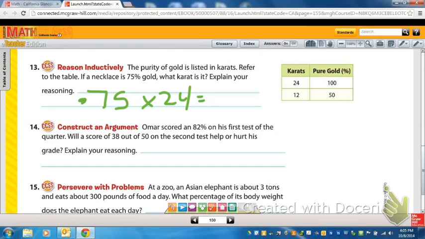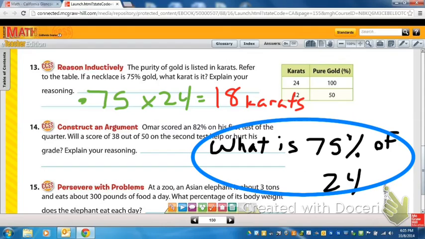And you're going to come up with 18, which would be 18 carats. So number 13 is asking, what is 75% of 24? So of means multiplying. Change 75% to a decimal, 0.75 times 24, and we get 18 carats.